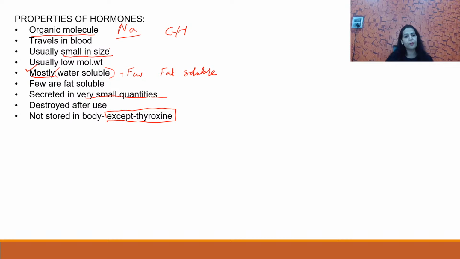Thyroxine is the only hormone that can be stored in our body for at least 2 to 3 months, in the thyroid gland. All the other hormones are produced, used up and destroyed. The only hormone that is stored in our body is thyroxine.